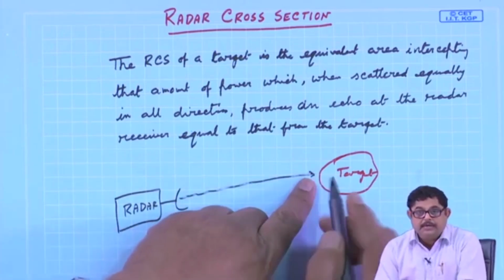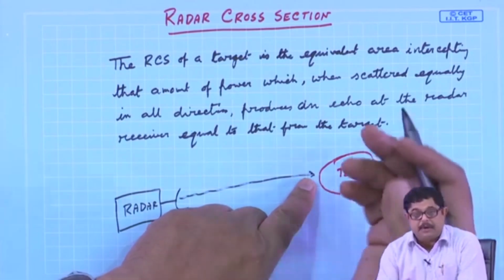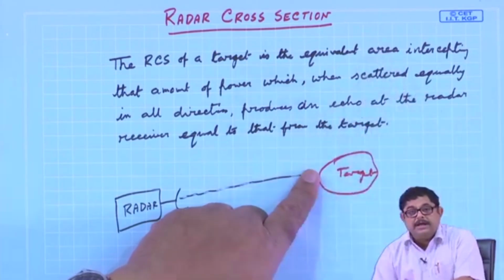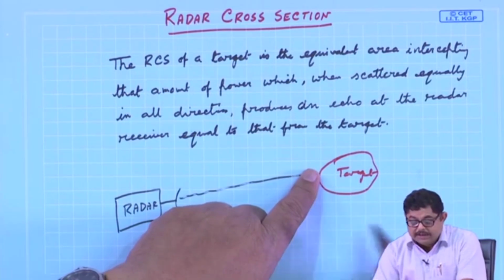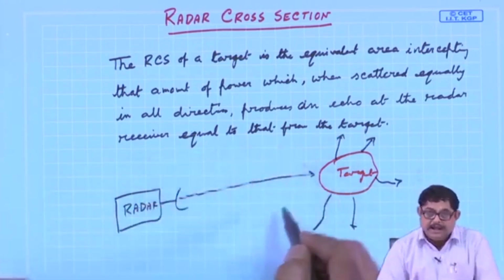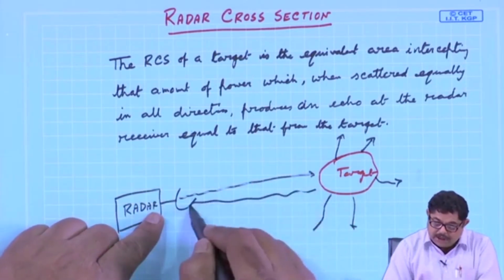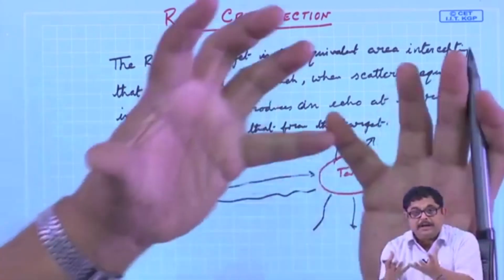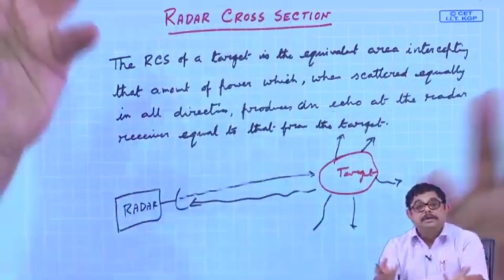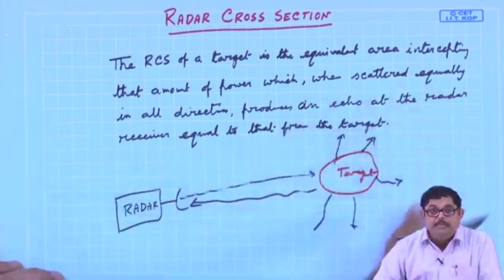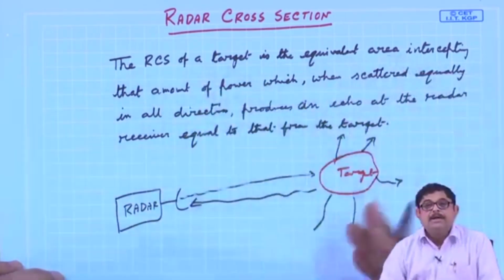We can find out the power intensity coming, then the target takes that power and radiates in various directions, not in equal amounts, and then what comes back here. These two properties, how much power it is capturing and how much it is scattering and in which direction, are all captured, and then the effective, equivalent area is defined.